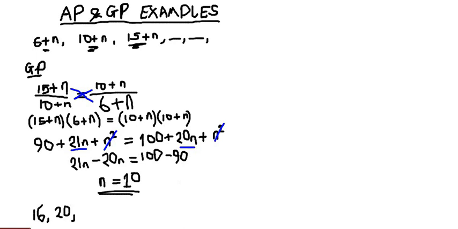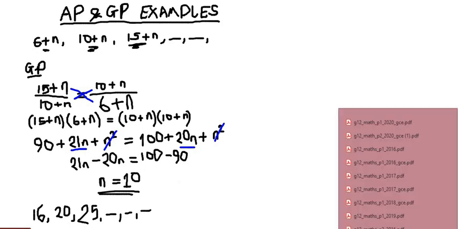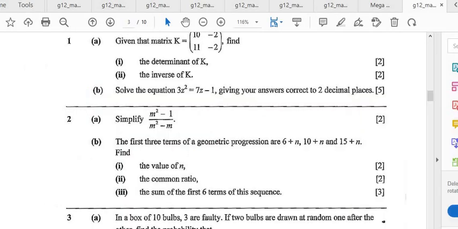The third term is 15 plus n, which means 15 plus 10, which is 25, and so on and so forth. All right, so that is the value of n.